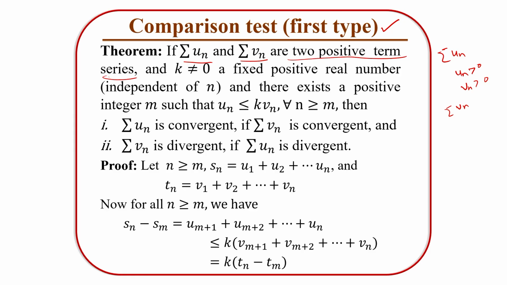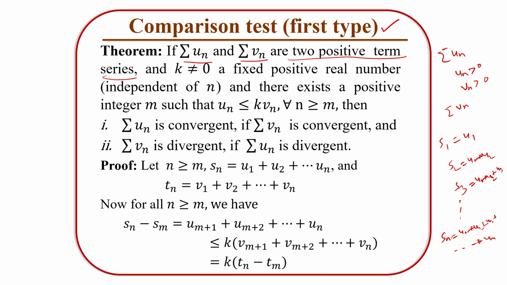What is the advantage of the positive term series? The advantage is quite easy. Now you can have S1 equal to u1, S2 equal to u1 plus u2, S3 equal to u1 plus u2 plus u3, and so on, Sn equal to u1 plus u2 plus u3 and so on plus un.